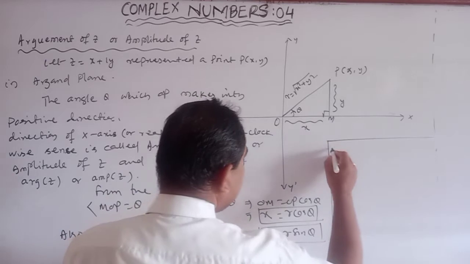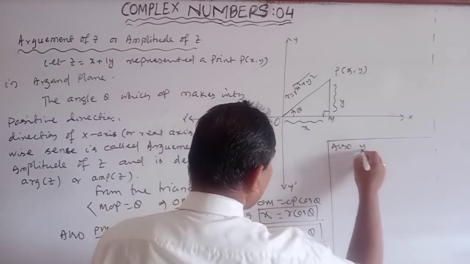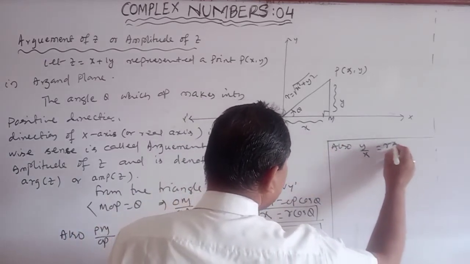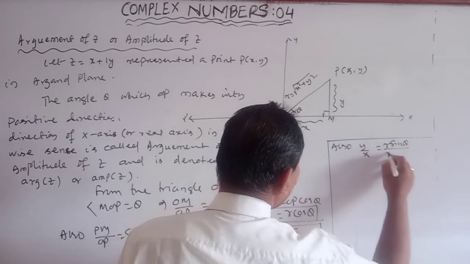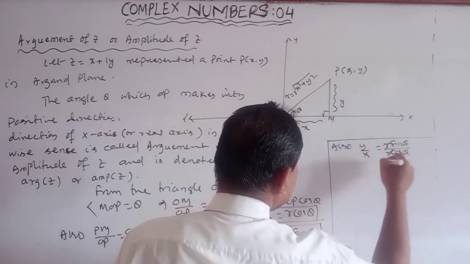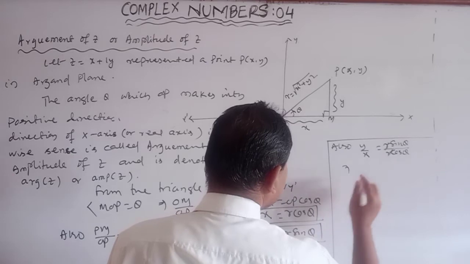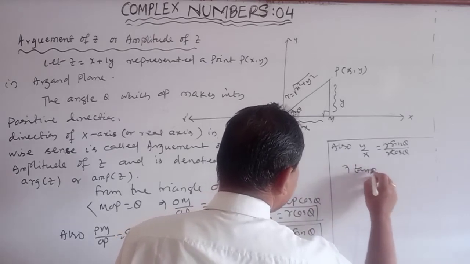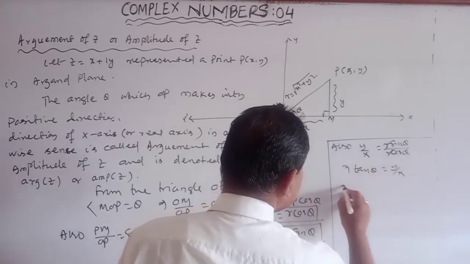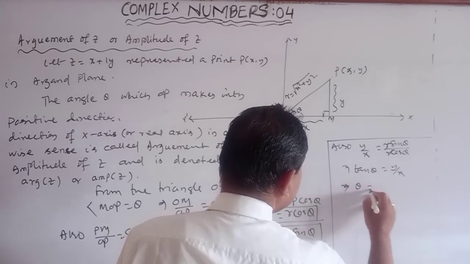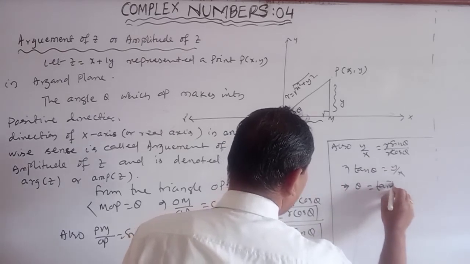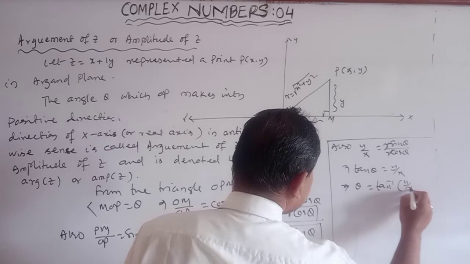Also y by x is equal to R sin theta by R cos theta. R cancel. Sin by cos is tan theta. So tan theta is equal to y by x. This implies theta is equal to tan inverse y by x.